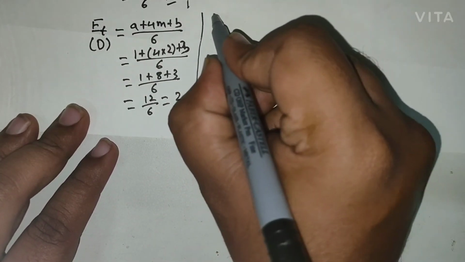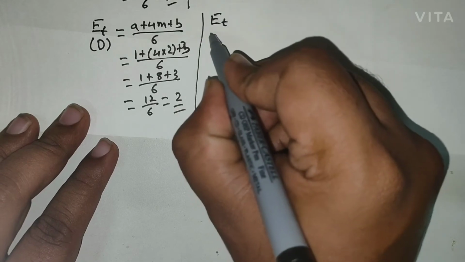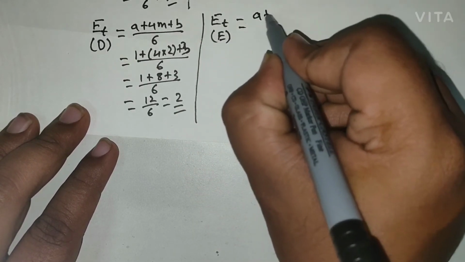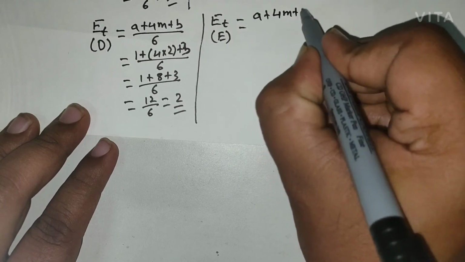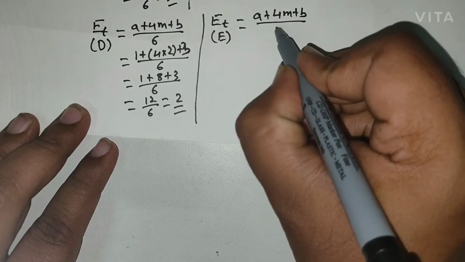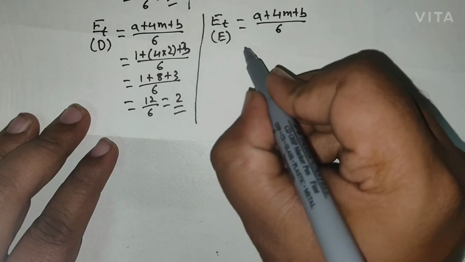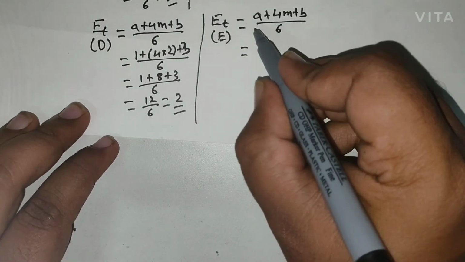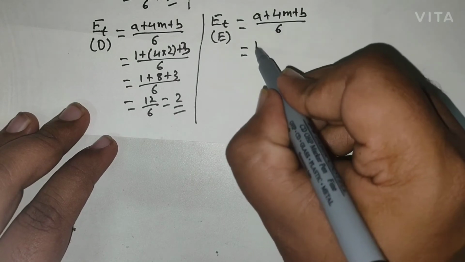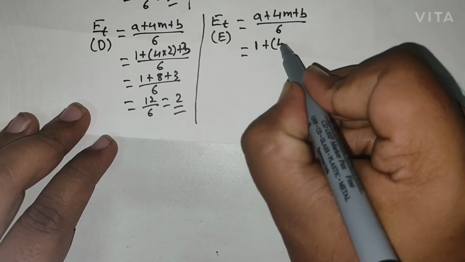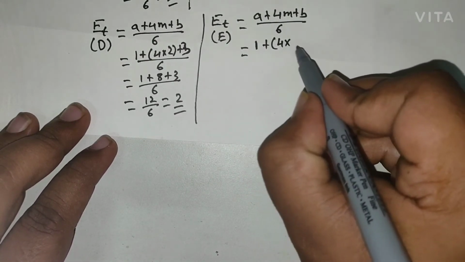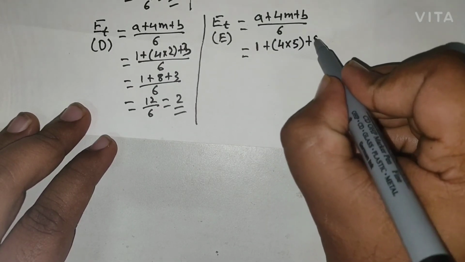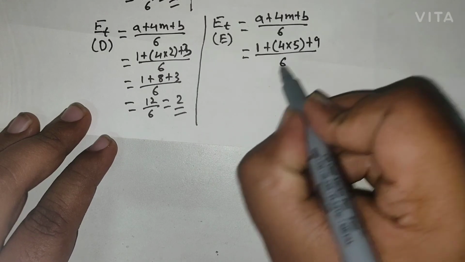Similarly, we will calculate the expected time for activity E. That will be a plus 4m plus b divided by 6. What is a for activity E? a for activity E is 1 again, plus 4 into the most probable time, which is 5 for activity E, and the pessimistic time is 9, divided by 6.